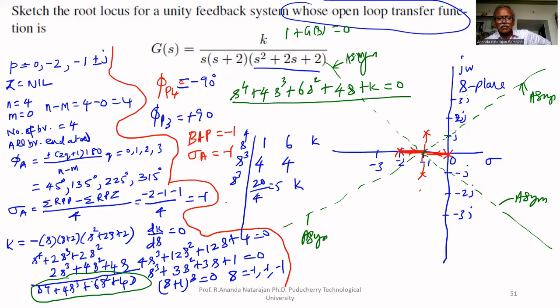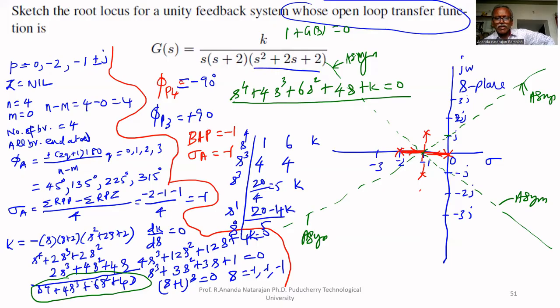Then k. S power 1 is 20 minus 4k, divided by 5. And s power 0 is k.